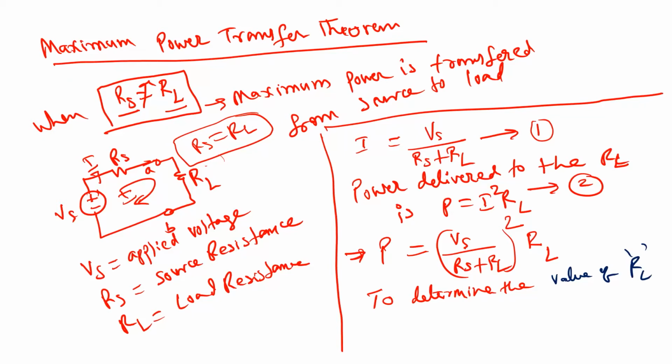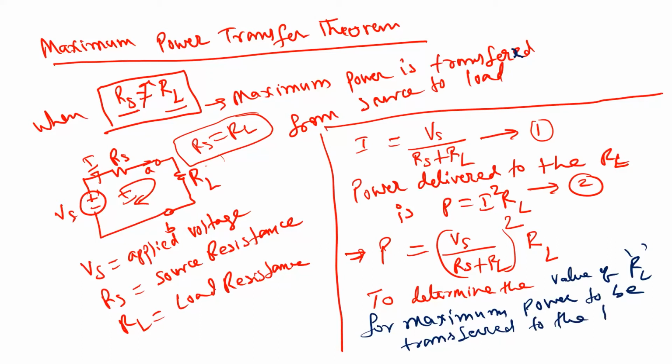For maximum power to be transferred to the load, we set the first derivative of the above equation with respect to RL, that is dP by dRL, equal to 0.